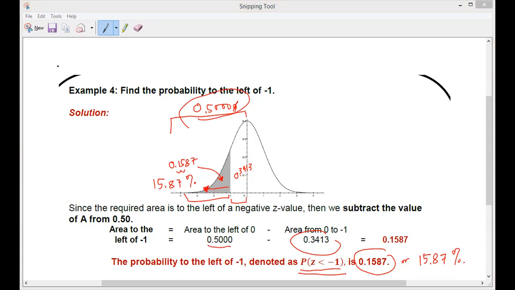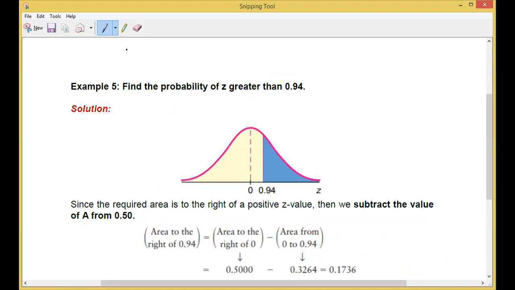Now let's go to example number 5. Give me some time to snip it. In example number 5, we are looking for the probability of z greater than 0.94. This is now 0.94, and we're going to the right. Why to the right? Because it's greater than. Remember that from 0 to positive infinity, the area is 0.5000. And from 0 to 0.94, the area is 0.3264.